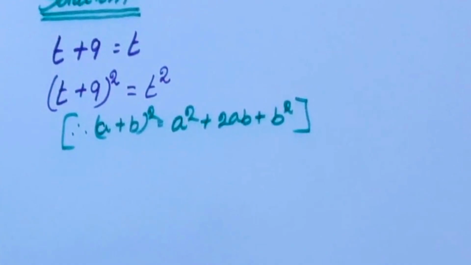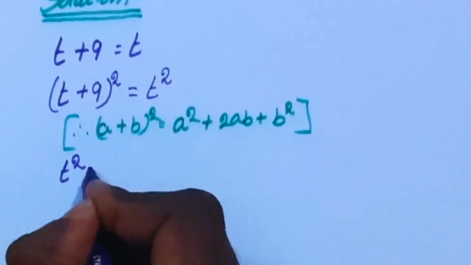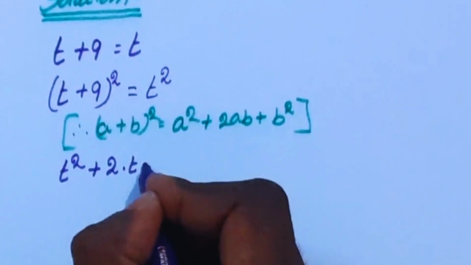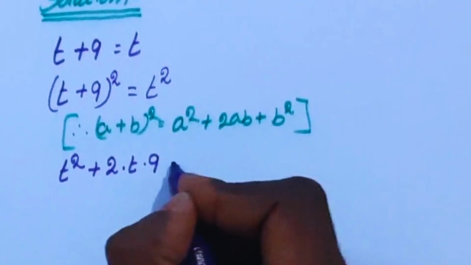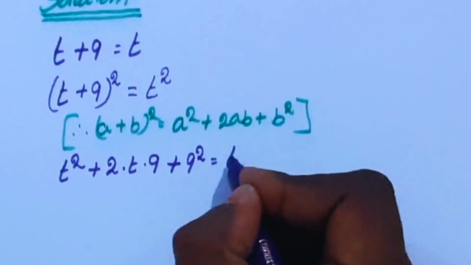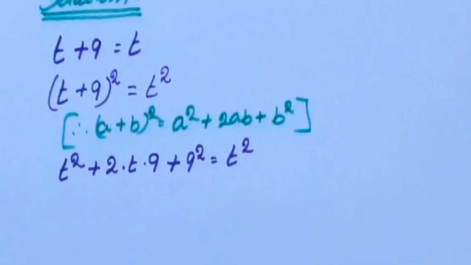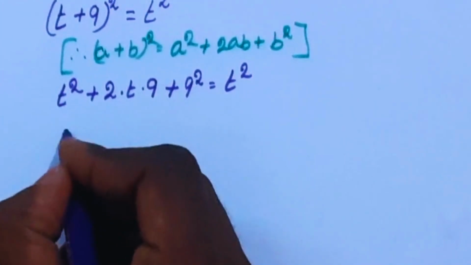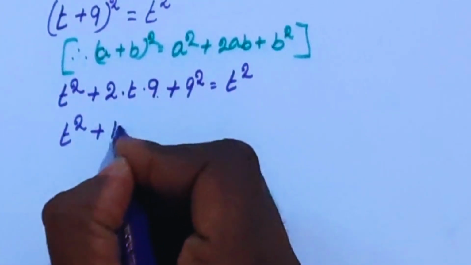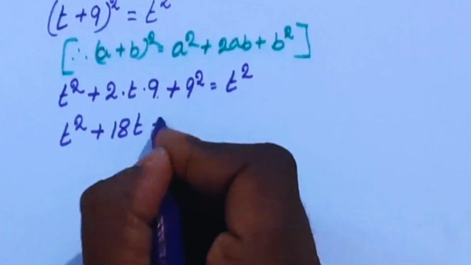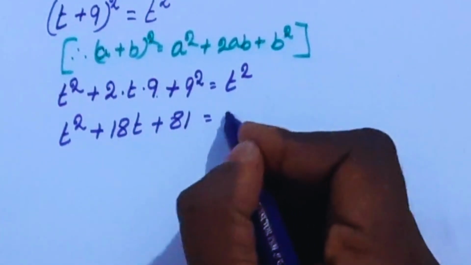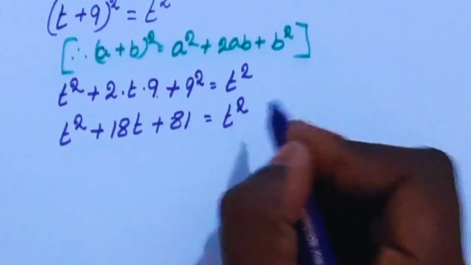So we'll get t square plus 2 times t times 9 plus 9 square equal to t square, this one. Now t square plus 2 times 9 is 18t plus 9 square is 81 equal to t square.